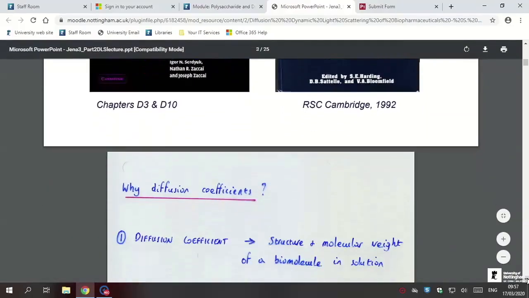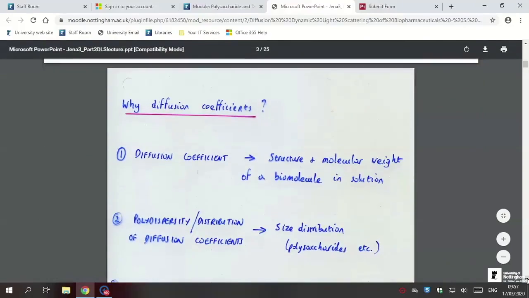Okay, so just a bit of theory. You don't have to reproduce all of this. All you need to know is the basics of how the technique works and what it can do, what it can measure, and what are the limitations.